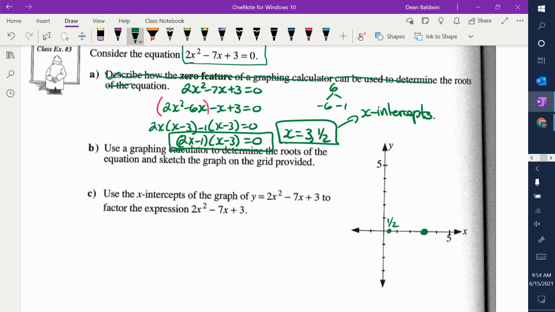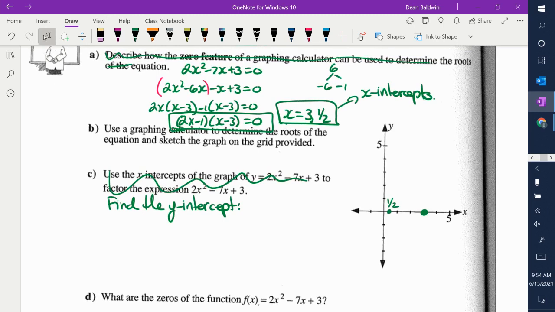I want to know, do it down here, find the y-intercept. Okay. When you're finding the y-intercept, it's along this y-axis here. It's when x is equal to 0. So all you do to find the y-intercept is put x equals 0 into your equation.